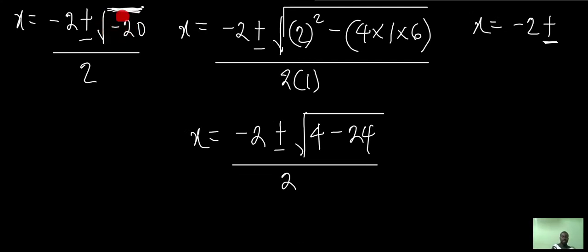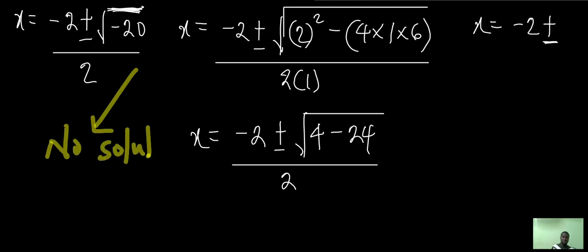It will be difficult for us to find the square root of a negative number for the purpose of IGCSE Mathematics 0580. Even for the purpose of IGCSE Additional Maths 0606, you cannot find the square root of negative 20 at that level. So we say this has no solution, or we say imaginary solution.